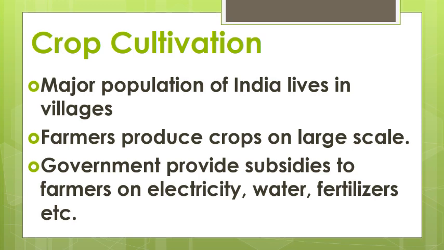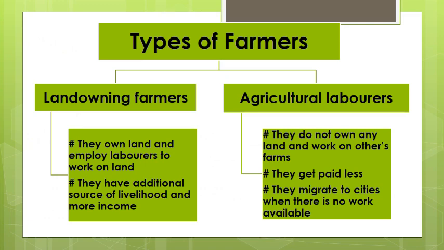Government provides subsidy to farmers on electricity, water, fertilizers, etc. As we know that government helps these farmers in various ways, so giving subsidy is another way. Subsidy means providing these necessities at a reduced rate or price so that farmers can easily avail these resources and produce more crops.